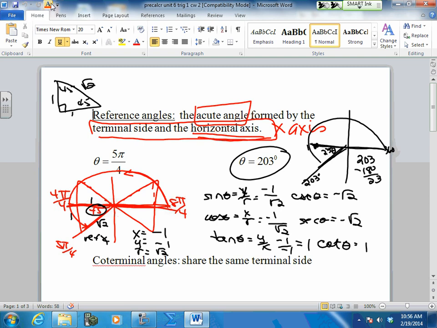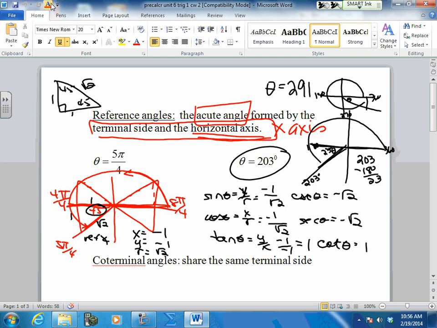Okay? What if I gave you an angle of 291? What quadrant am I in? Fourth quadrant. Good. Because this guy right here, 270. So I come around, I stop here. I want this angle right here. I don't want this angle in here.